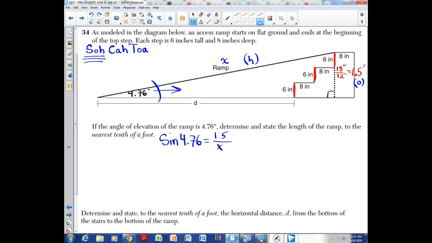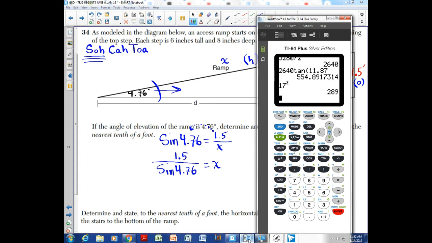Now I see I have, out of the 3 scenarios, an x on the bottom situation. So I'm going to do that famous Mr. Frank's trick, the volleyball trick, and end up with 1.5 divided by sine 4.76 equal to my x.